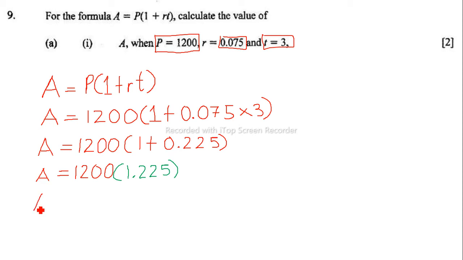A is equal to 1,200 multiplied by 1.225, which is what? 1,470. Very good.